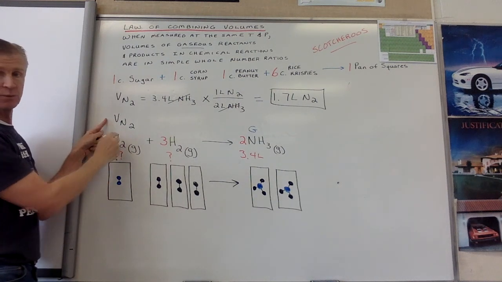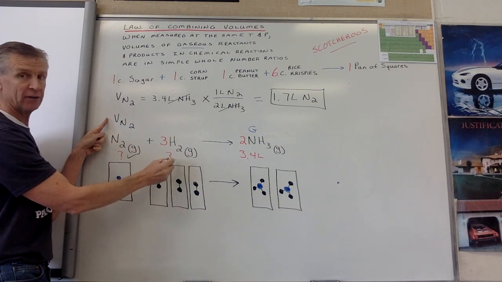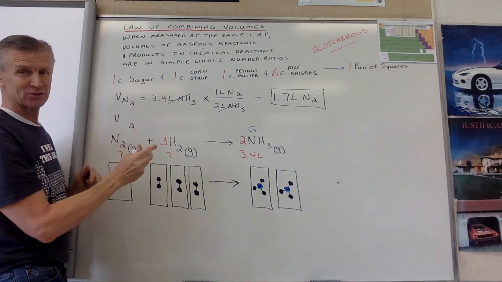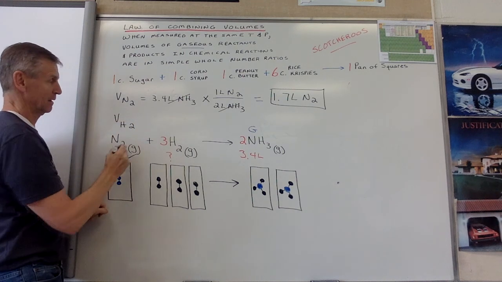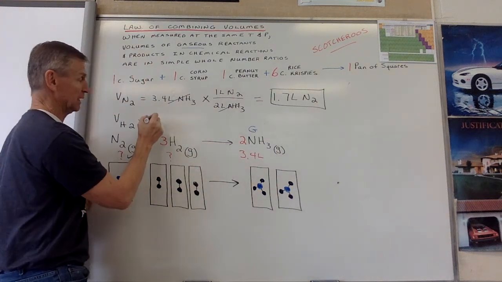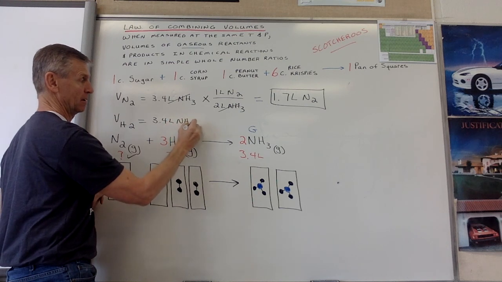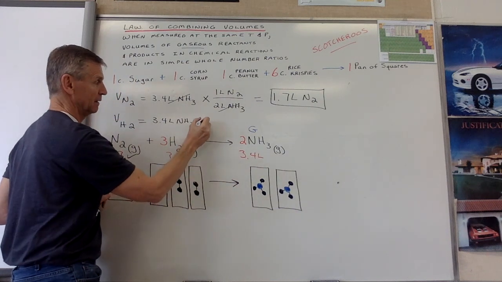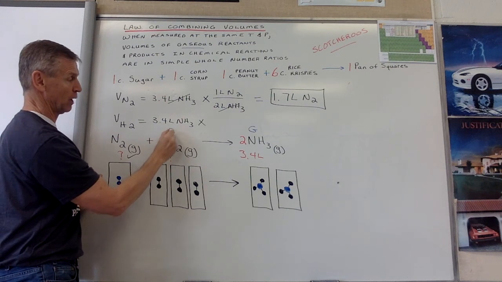The second one says we need to also figure out hydrogen. We've already done this one. We need to figure out hydrogen. Let's do this again. Volume of hydrogen. And that's going to be equal to the given amount of 3.4 liters, just like in the first one. Again, 3.4 liters of ammonia, and I'm going to multiply it by, in this case, this is my required, right?